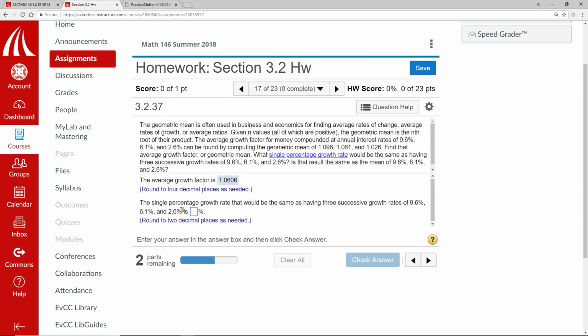The single percentage growth rate that would be the same as having 3 successive growth rates of 9.6, 6.1, and 2.6 is what?